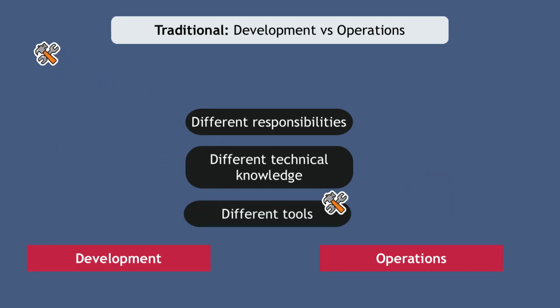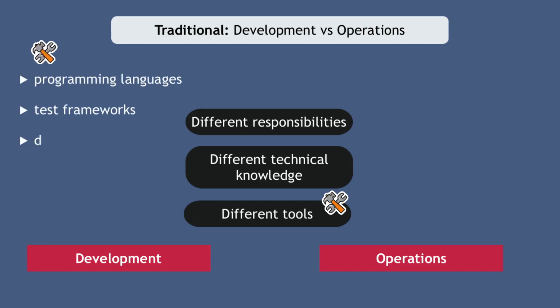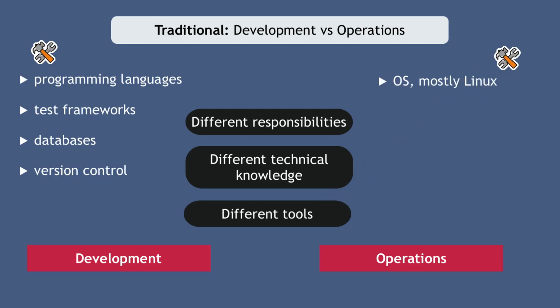The software development side is knowing programming languages, testing frameworks, databases, and so on. On the side of the IT operations, it's more the operating system, mostly Linux, command line tools, scripting, meaning writing automated scripts for the operating system and the servers, monitoring tools that allow them to monitor if something happens to their IT infrastructure, and so on.